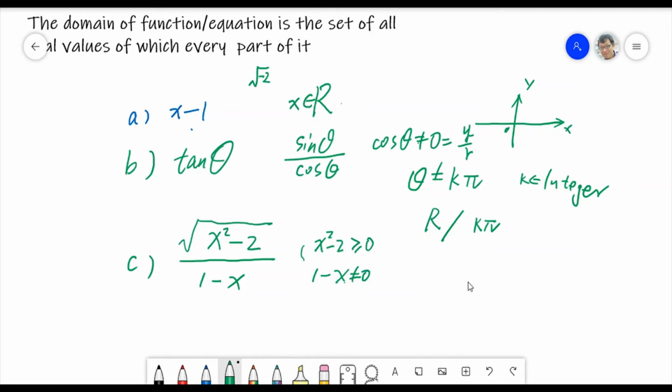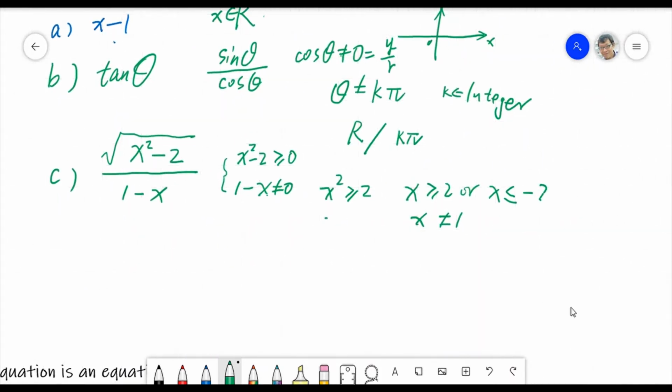So x squared has to be greater than or equal to 2, so the answer is x greater than or equal to 2 or x less than or equal to negative 2. Based on the second one, 1 minus x, x cannot be 1. So in order to express it clearly, let's draw this on the real number domain.